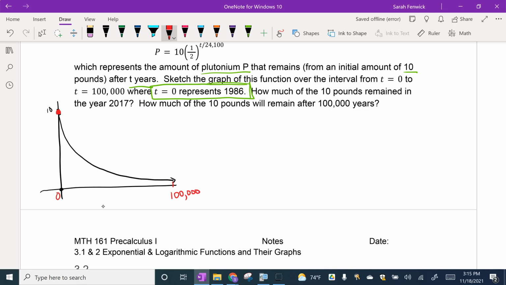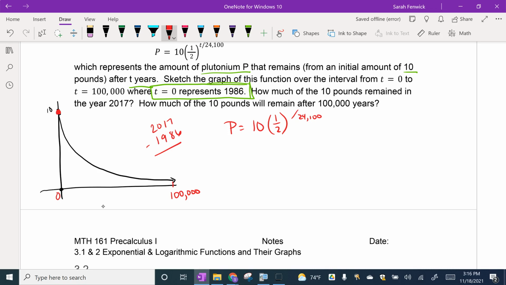Using our formula, P equals 10 times 1/2 to the T over 24,100 power. They want to know 2017. So to find T, you do 2017 minus 1986, which is 31 years.